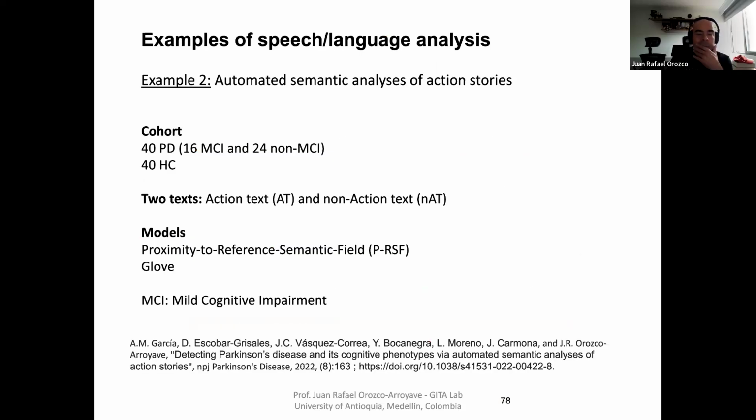Okay, now we wanted to dig into the language production of this corpus, so the same corpus, and we considered the same two texts, action text and non-action text, and we introduced what is called proximity to reference semantic field. And for comparison purposes, we used GloVe, which was just requested by the reviewer of the journal.